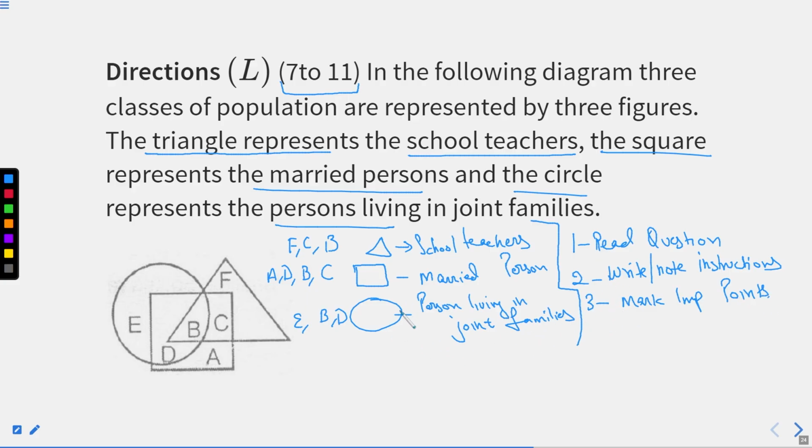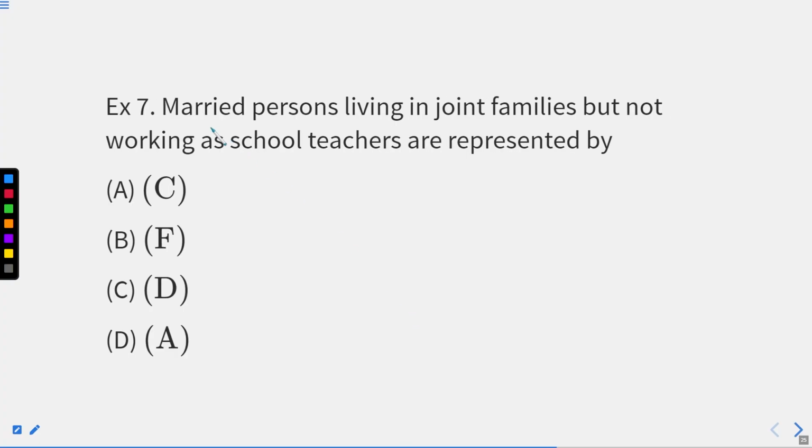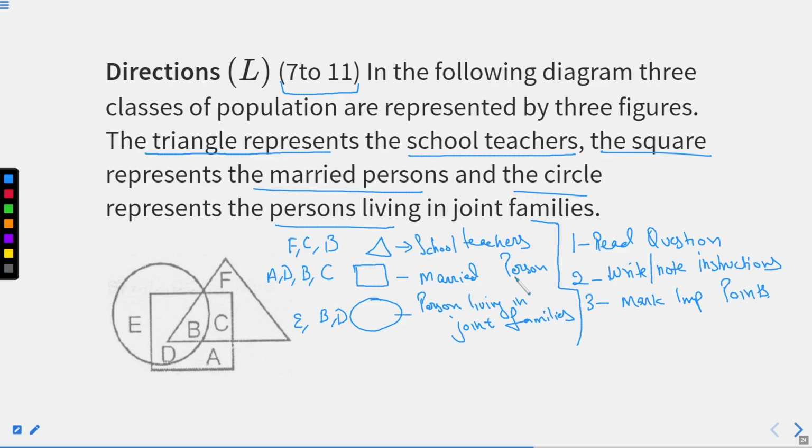Now we will read the question first. Married person living in joint family but not working as a school teacher. So we need a married person who is a school teacher. What is common in this?